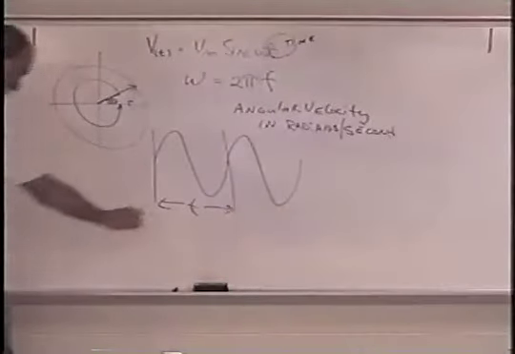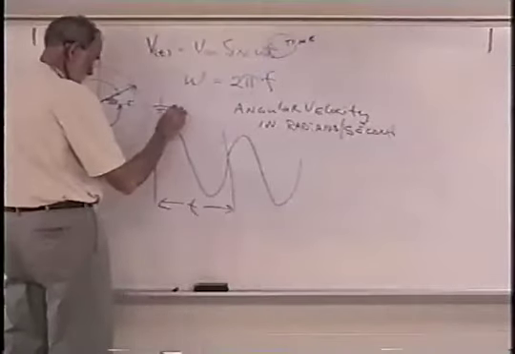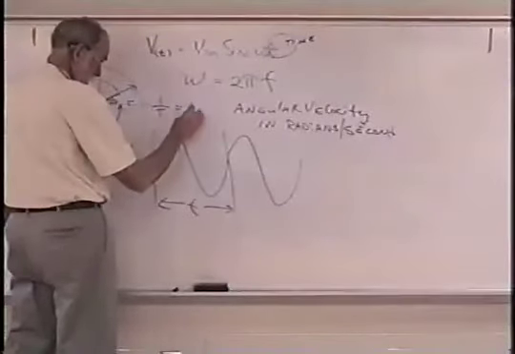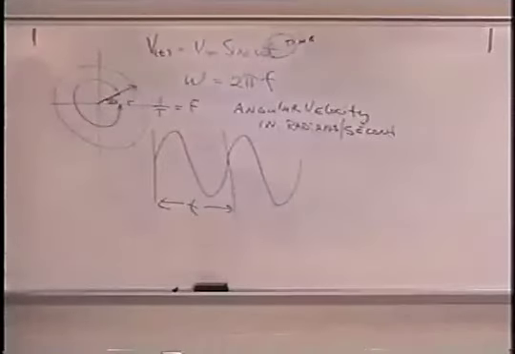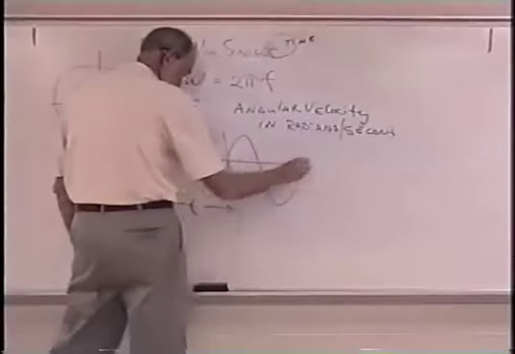That time is referred to as the period. The reciprocal of the period is the frequency. Okay? So the unit of time for the period is seconds. The unit for frequency is cycles per second. We call it hertz, don't we? So cycles per second. All right.